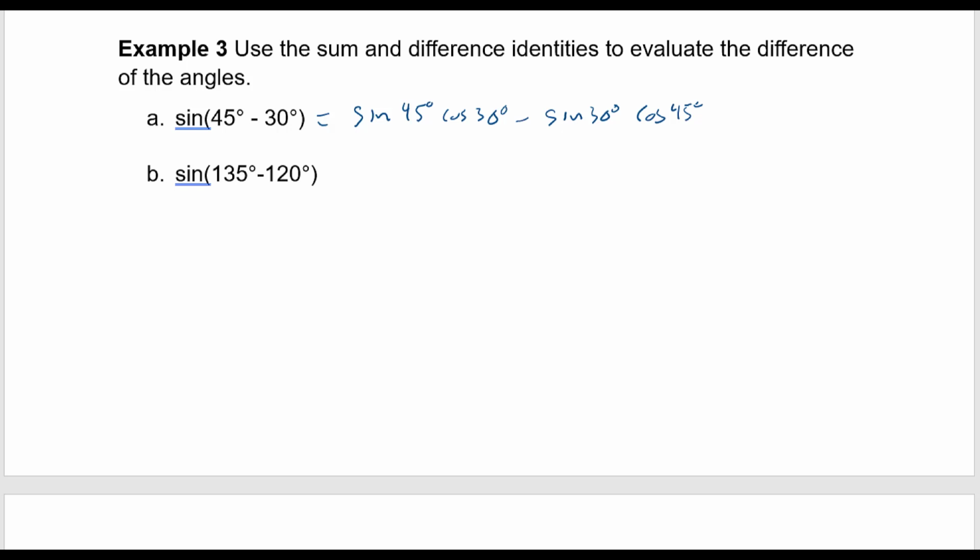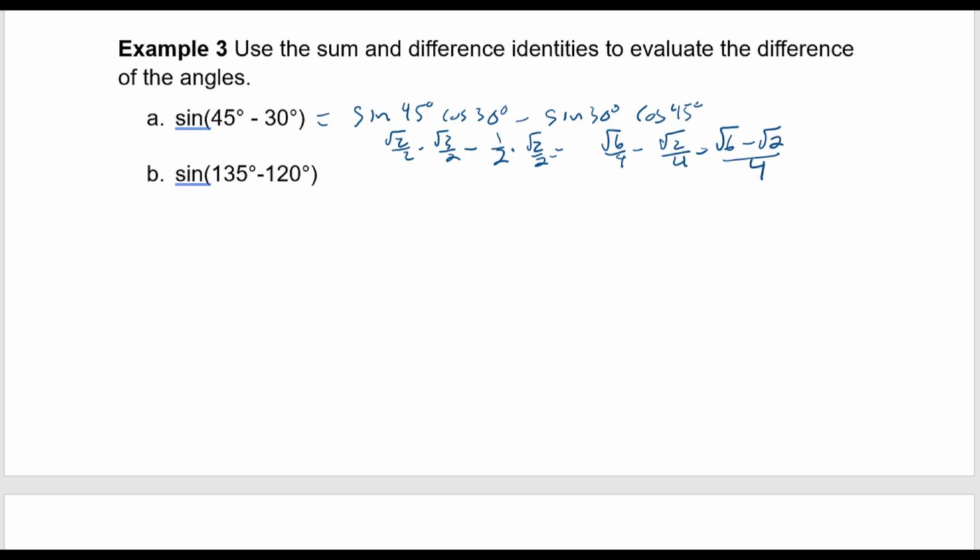And that's going to be square root of 2 over 2 times square root of 3 over 2 minus 1/2 times square root of 2 over 2. So I get square root of 6 over 4 minus square root of 2 over 4. So it's the square root of 6 minus the square root of 2 all over 4.